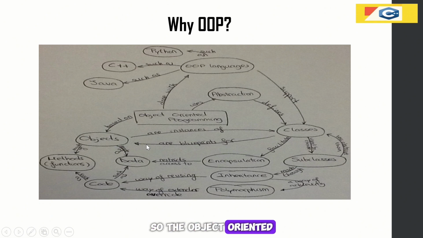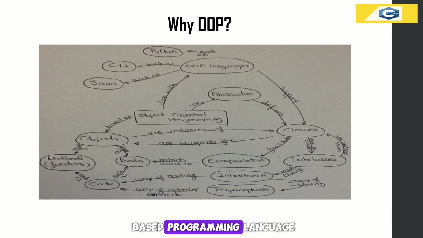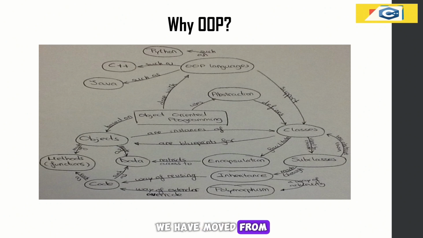So object oriented programming gives us all these features. That's why we have moved from procedure oriented programming, which is a sequence based programming language, to OOP with all these features.